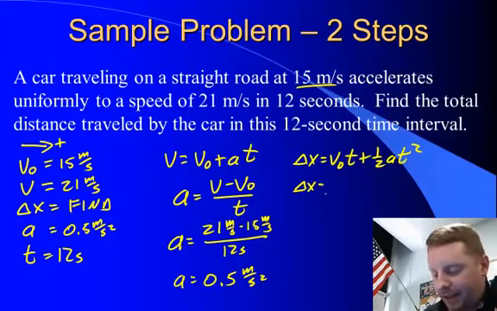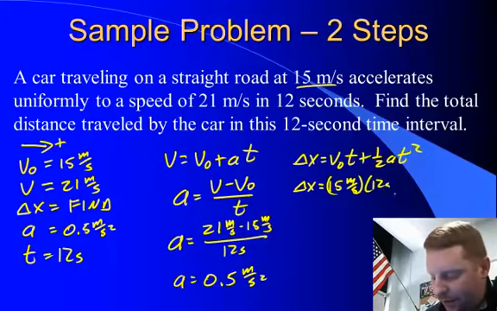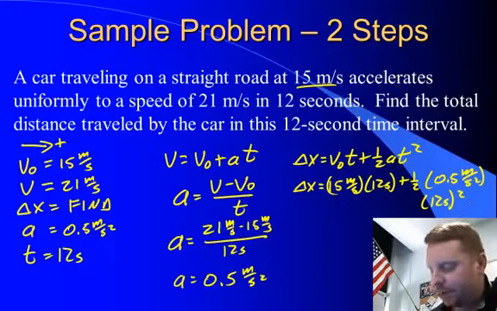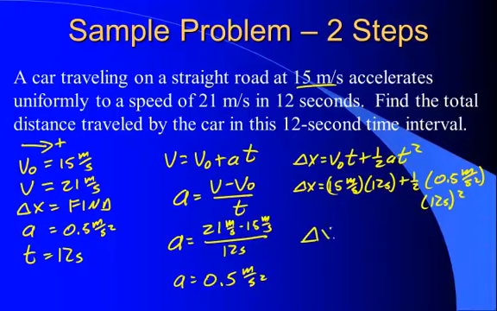Delta x then, I substitute in with units, equals v naught, 15 meters per second, times t, 12 seconds, plus 1/2 times a, 0.5 meters per second squared, times t squared, 12 seconds squared. Plug all that into my calculator, and I find delta x equals 216 meters.